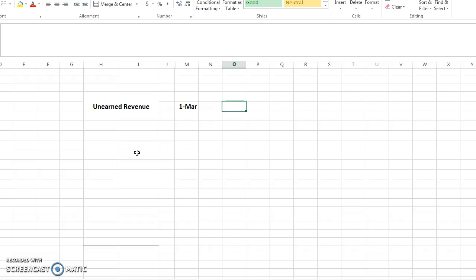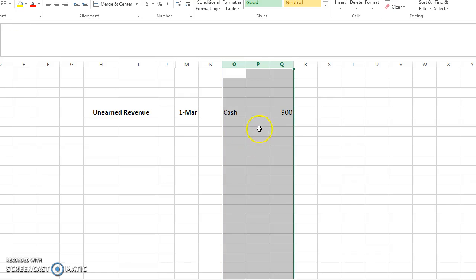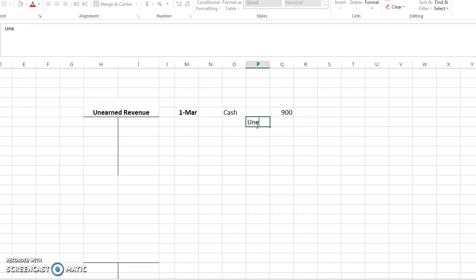So on March 1st, during the period, we are going to debit cash, because we received cash, for $900. Okay, and we're going to credit our liability, unearned revenue.